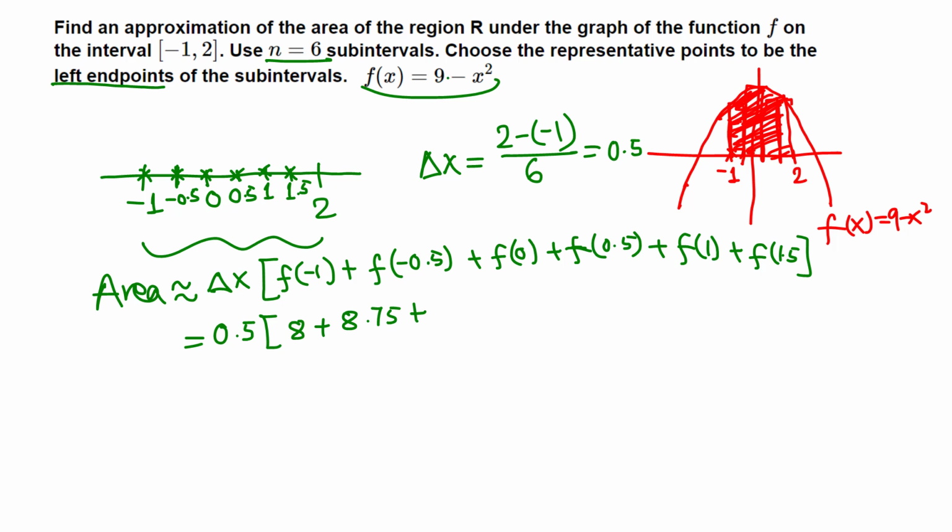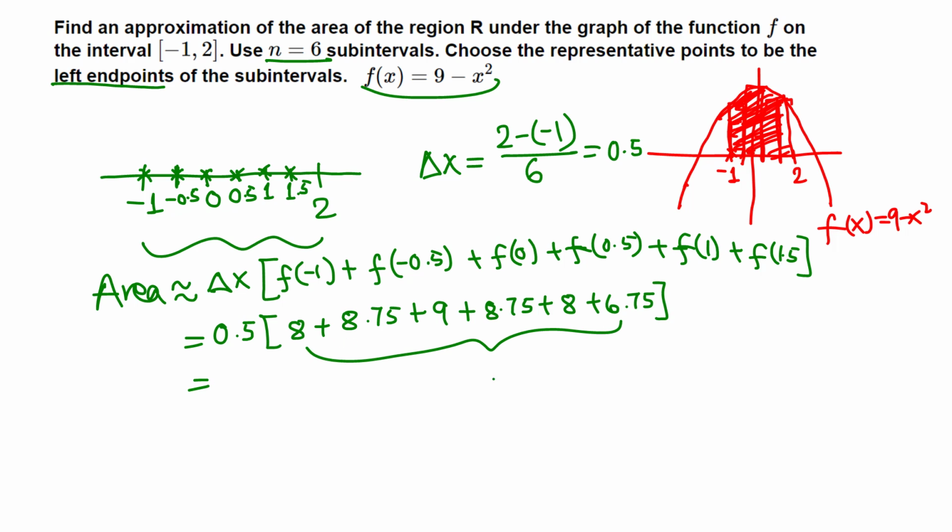Plug in 0, 9 minus 0 squared, 9. f at 0.5, 9 minus 0.5 squared, it will be 8.75. At 1, 8. At 1.5, 9 minus 1.5 squared, 6.75.